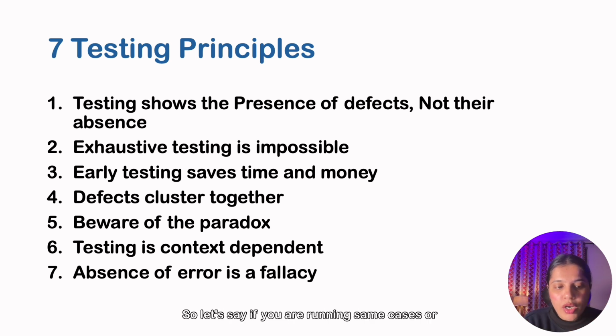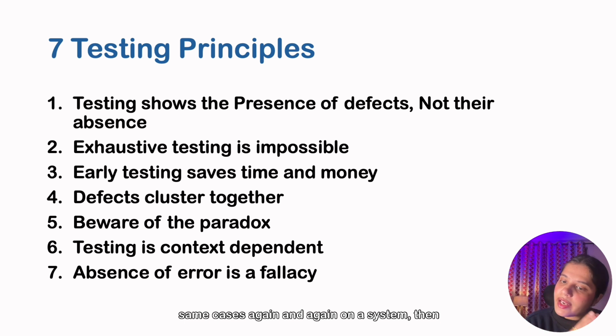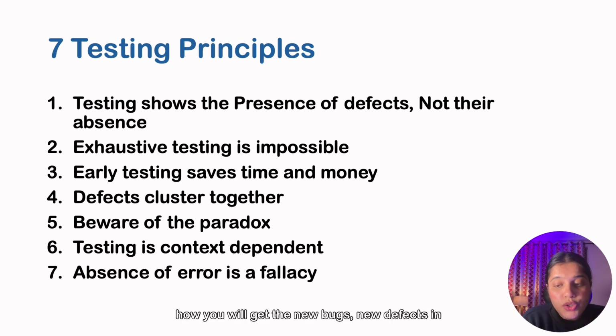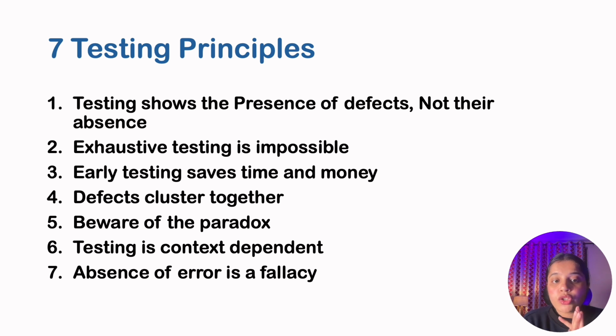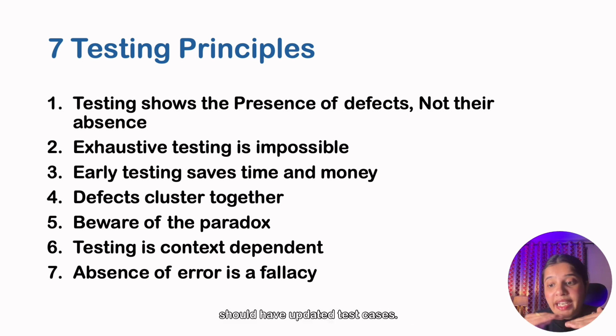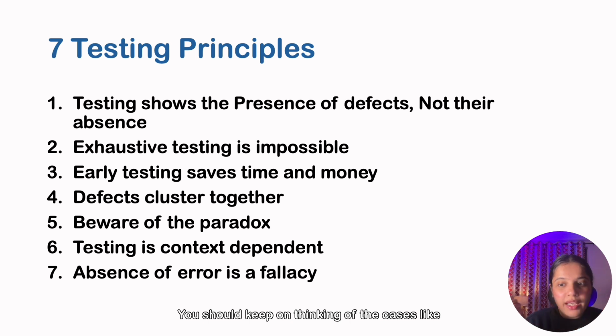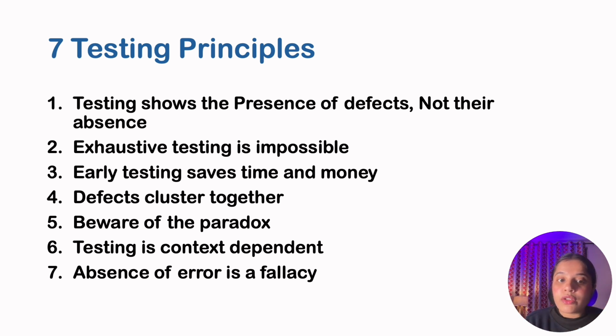If you are doing the same testing, running the same cases again and again on a system, then how will you get new bugs, new defects in your system, right? So for finding new bugs and new defects, you should have updated test cases. You should keep on thinking of cases, like what all cases I can think of around it. So this says to be aware of the paradox.